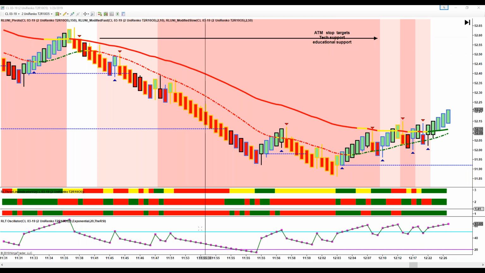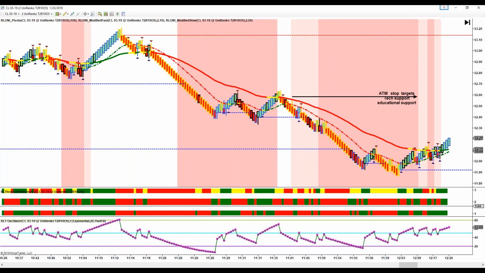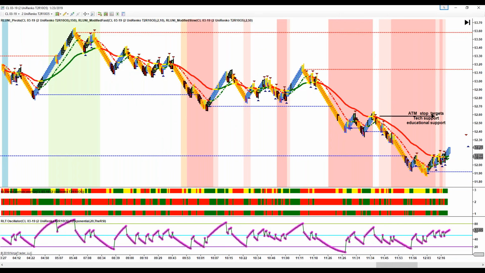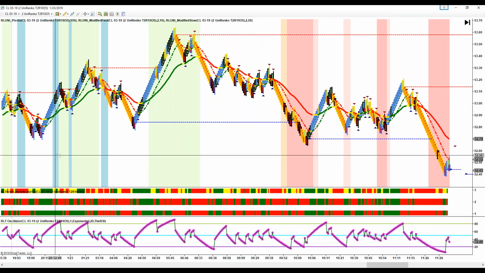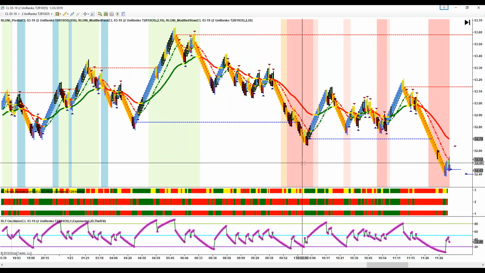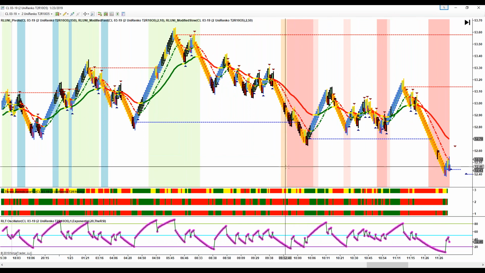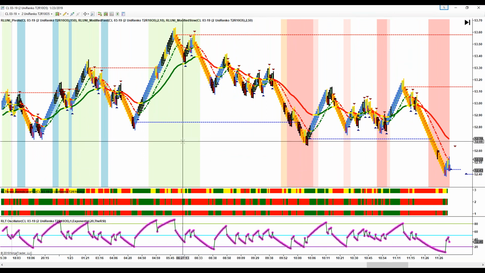And I just put up crude because it has nice volatility. We squeeze the chart. You're going to see that the best trades are going to occur when you have up background bias, or short with down background bias. And in between, you tend to get just nothing but a lot of chop.